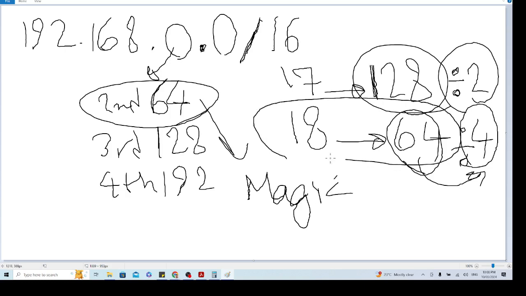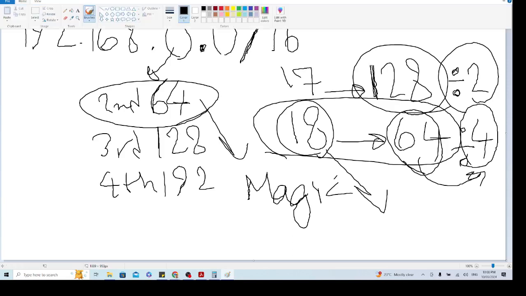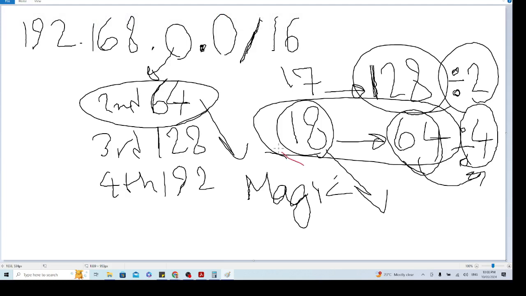So what you have, if you're going to divide it into 4 networks, you need to have this /18 as your prefix. So this /18, let me show it with a different color, this /18 will come up and sit instead of this one.